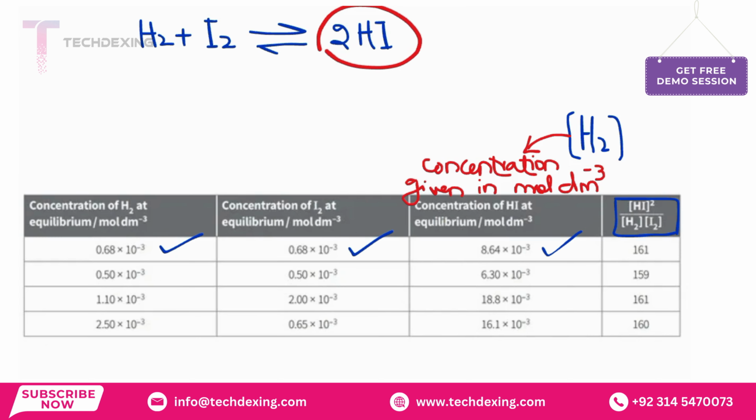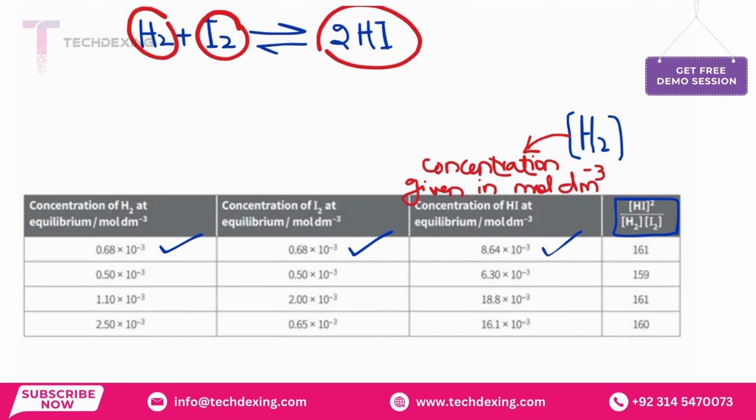For iodine and hydrogen, 1 mole is involved, so the exponent or power of their concentrations in the concentration ratio is also taken to be 1.